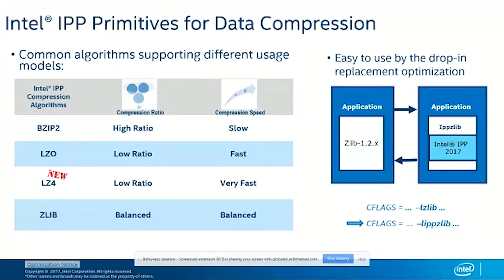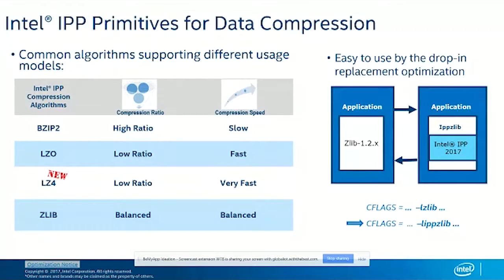Another aspect regarding all of these data compression libraries is that they are compatible with the open source libraries. If you have an application based on the open source zlib and you want to move to the IPP-optimized zlib, it's actually very simple.